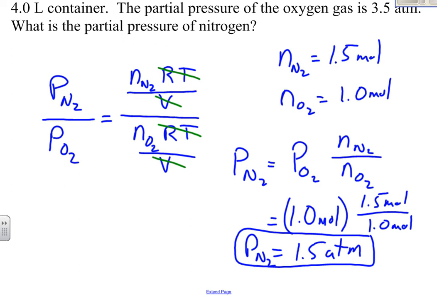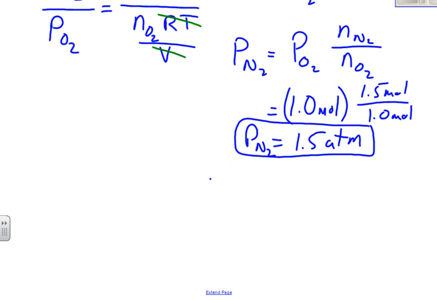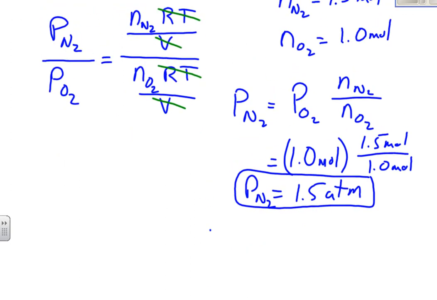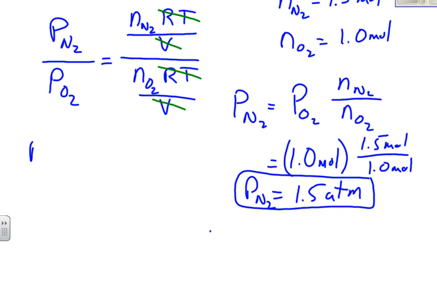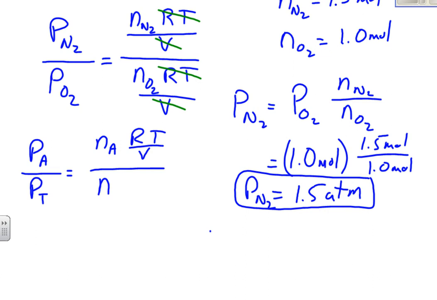Now, if we extend this a little bit, if we're comparing the pressure of one gas, pressure of gas A, to the total pressure, what we would have is the moles of gas A, RT over V, divided by the total moles, RT over V. And again, we cancel out our RT over V, on the top and the bottom, as being the same.